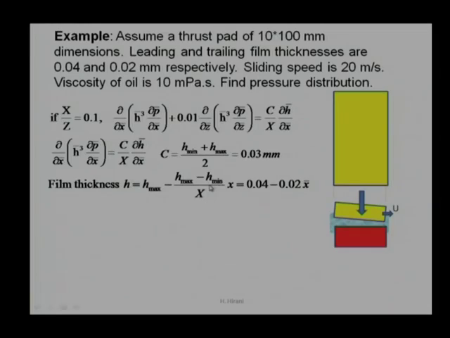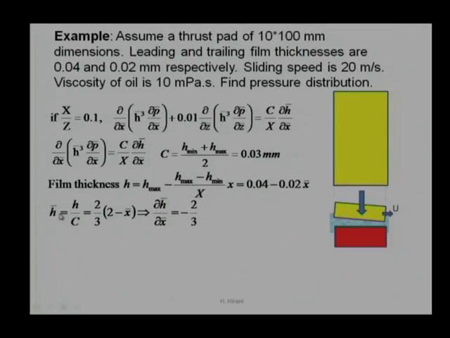However, we know very well that we require x bar, as we are doing non-dimensionalization, and x bar is simply x divided by capital X. That is why it is written clearly over here, x divided by capital X is x bar, and this 20 micron can be represented in terms of mm as 0.02, and this 40 micron will turn out to be 0.04. Now, we can non-dimensionalize this film thickness using capital C value, that in our case is 30 micron or 0.03.